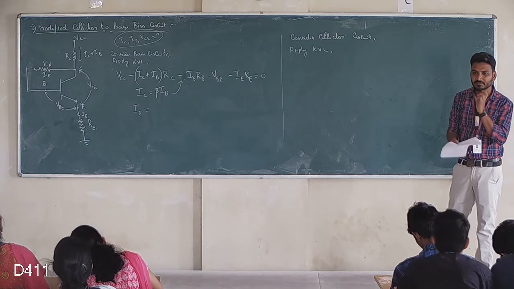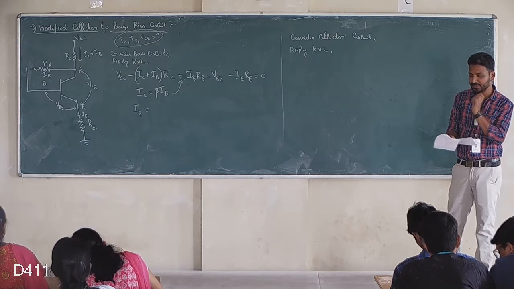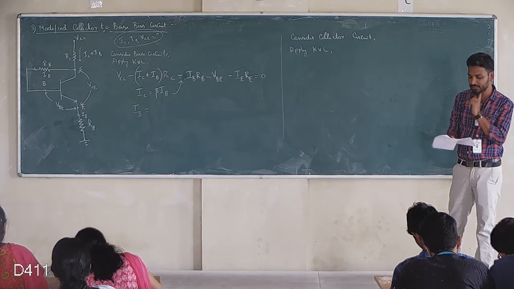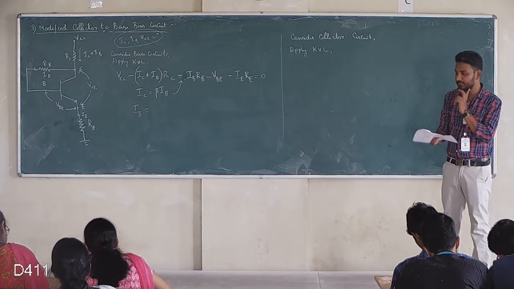IB should be VCC minus VBE divided by RB plus beta into RC plus RE.